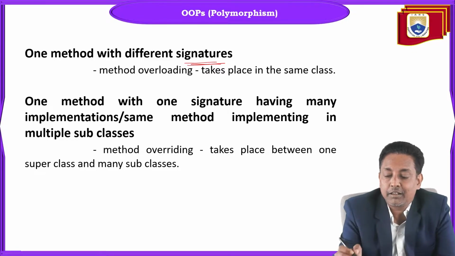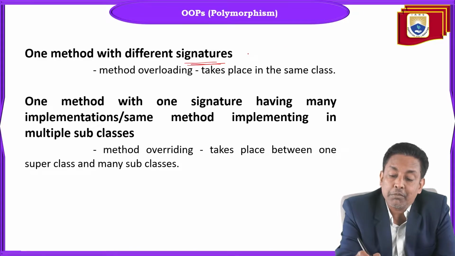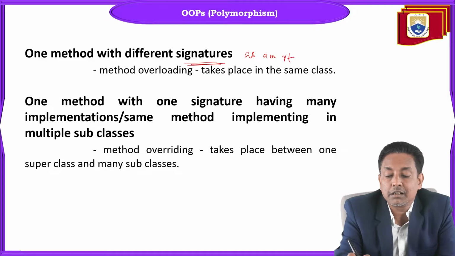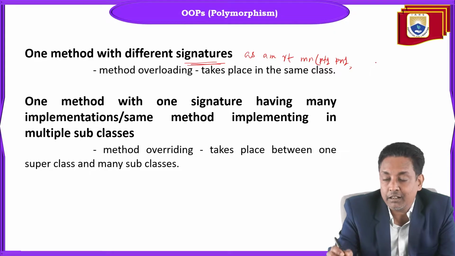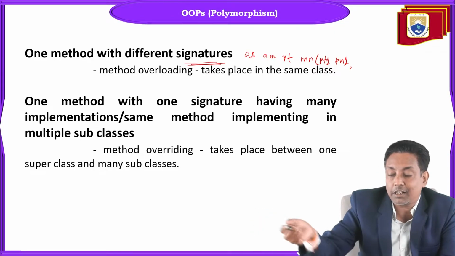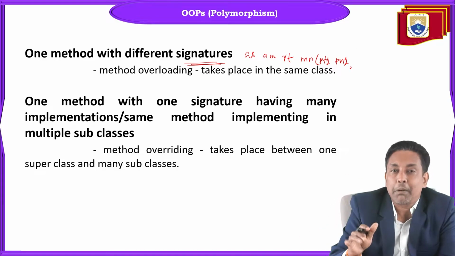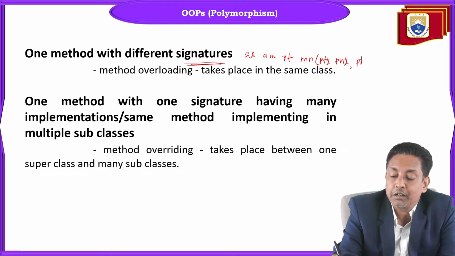Method signature means, whenever we write a method, we write the access specifier first, access modifier next, return type next, method name, followed by parameter type and parameter name, like int a, int b, int c. We shouldn't call it data type, we should call it parameter type, then followed by parameter name, parameter type 2, name 2, parameter type 3, name 3, and so on.